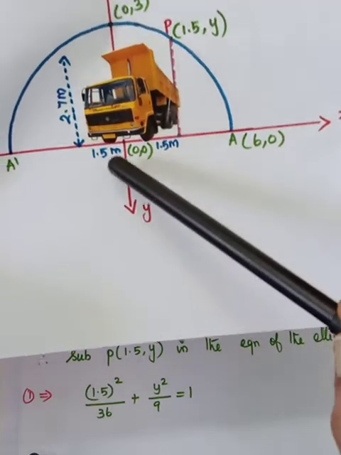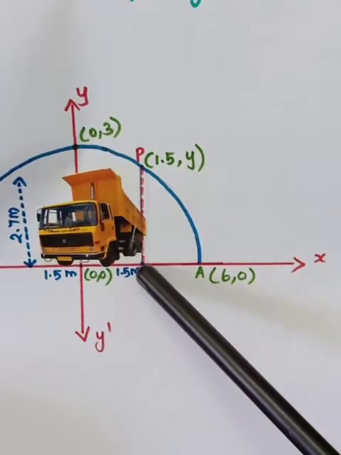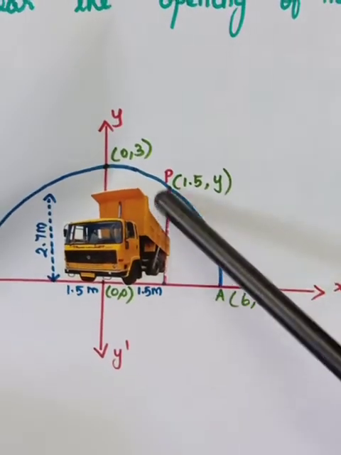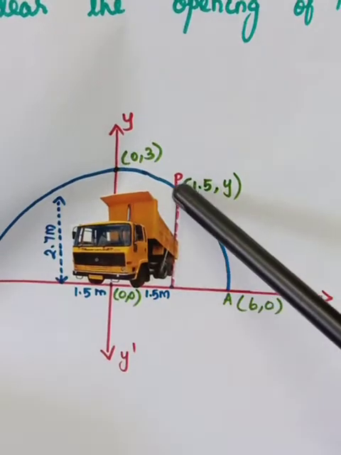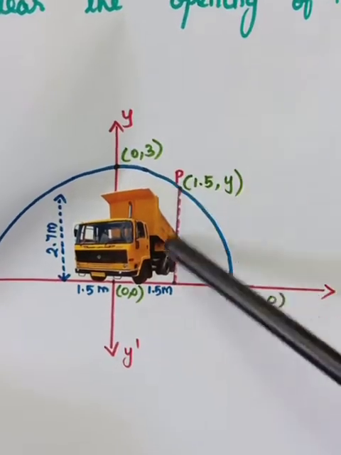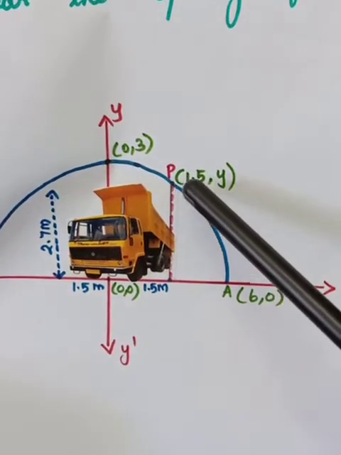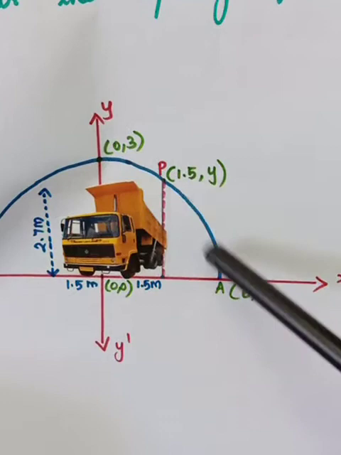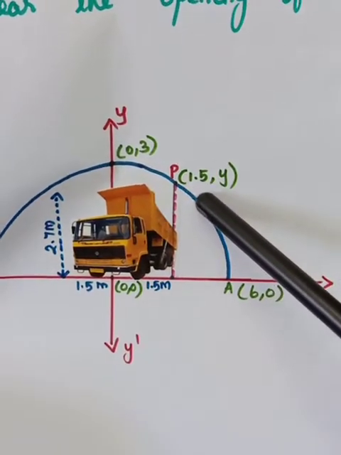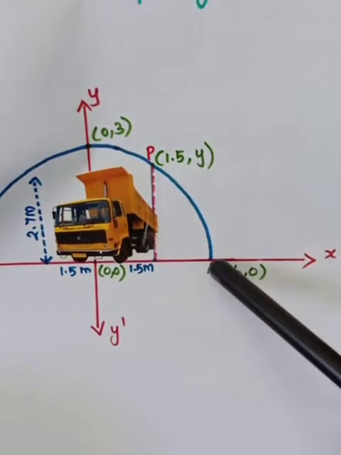For that, you see, from the center this distance is 1.5 meter, and this height we have to find out. We'll take this height as y. So this point P is 1.5 comma y. Where is this point P? It is on the arch of the semi-ellipse.